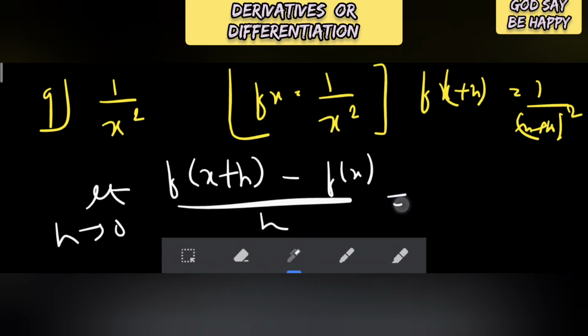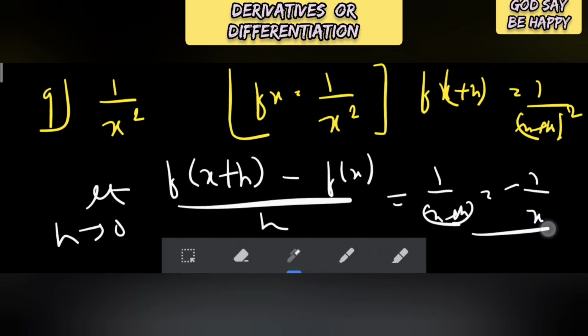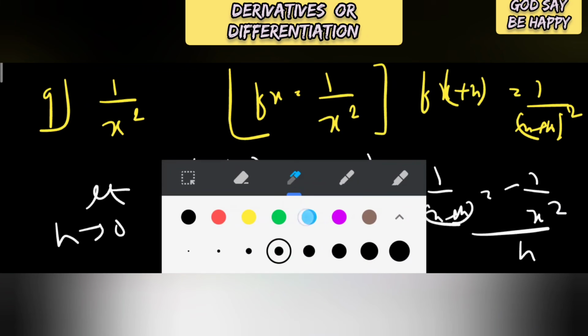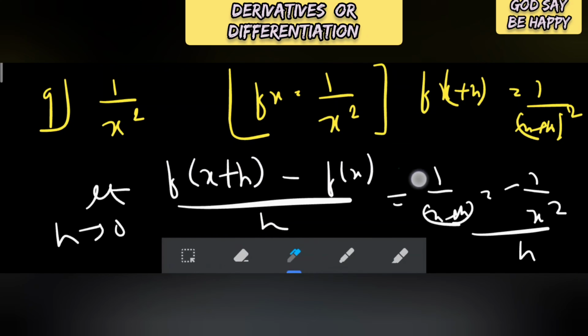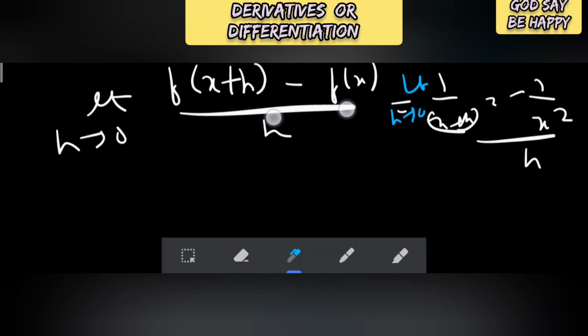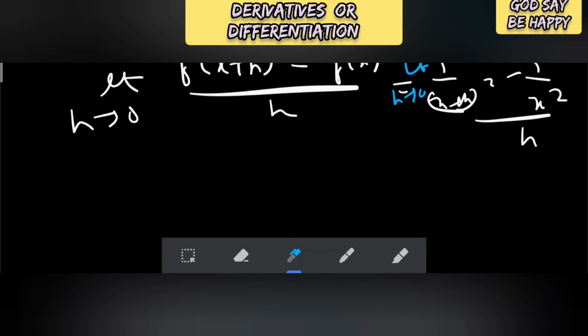Let's apply this. So (1 upon (x plus h) whole square minus 1 upon x square) upon h, where limit h is tending to 0. So let's solve this.